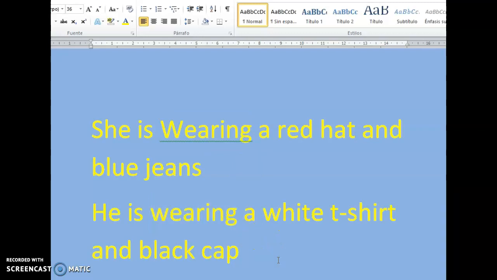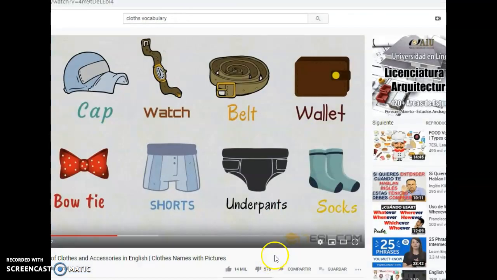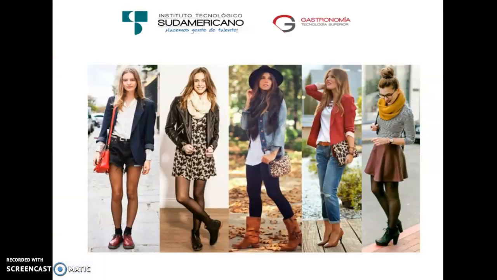Primero, antes que todo, tenemos que reconocer, acordémonos el vocabulario clothes. Remember vocabulary clothes, ¿ya? Okay, we are going to continue with the vocabulary clothes. Vamos a ponernos en la parte y vamos a tratar de describir a una de estas hermosas señoritas. For example, we are going to describe the number one. Okay, vamos a escribir a la primera señorita que está aquí.